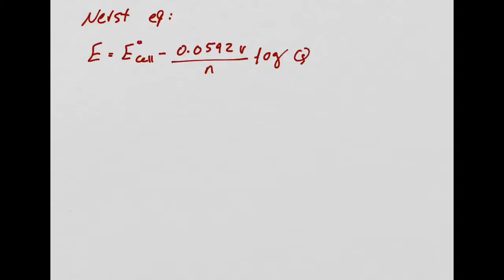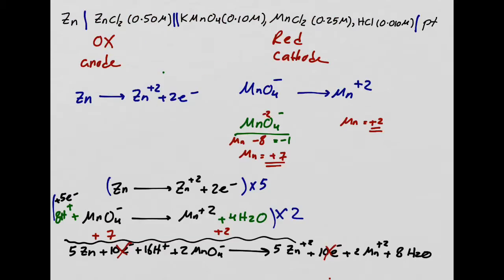To do this, the first thing that we need is the E cell potential at standard condition, right? How are we going to do this? Let's go back to this one over here. You have to look at the table. You have to look at the SRP. If you look at the SRP for oxidation, you get negative 0.76, but you would have to flip it, so it would be plus 0.76.